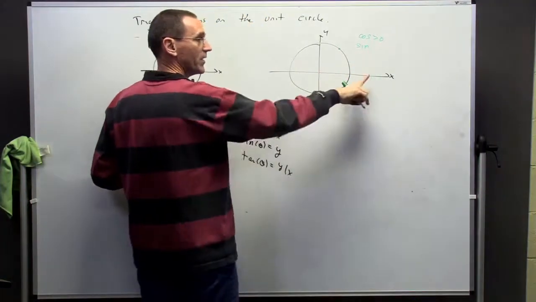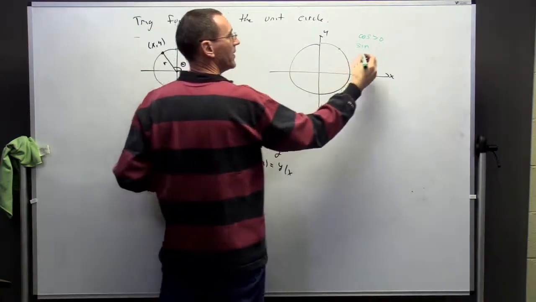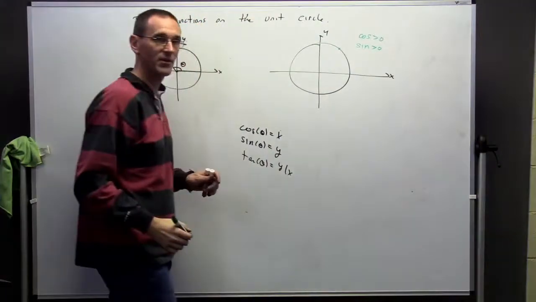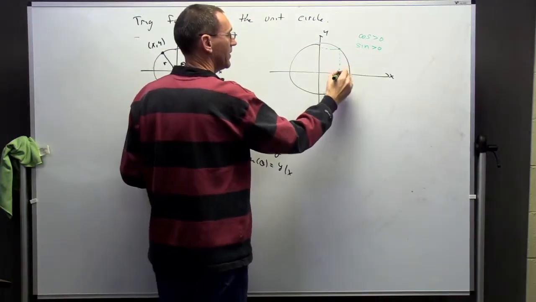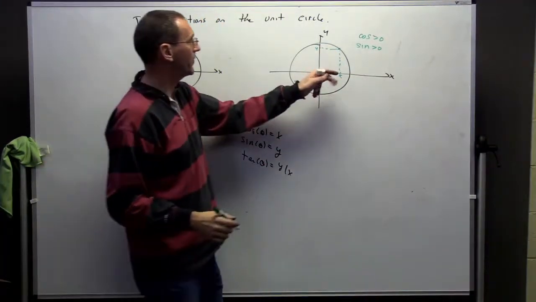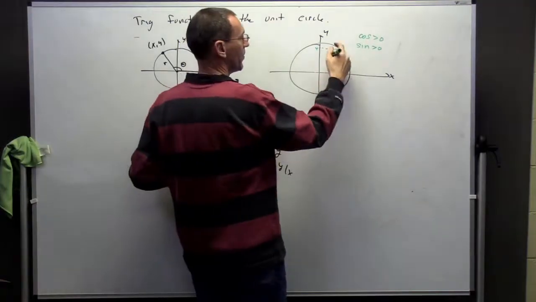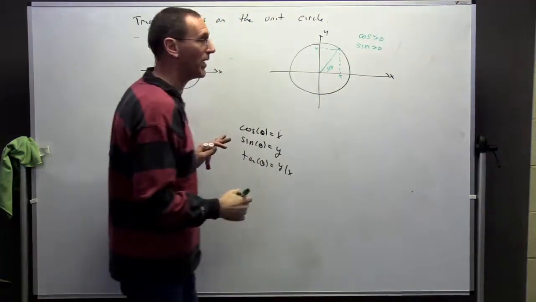That x value is going to be positive. The sine is going to be the y value. It's also going to be positive because it's up here. Right? So if I think of that as being this is my x and this is my y, for any angle in the first quadrant, the cosine is positive, the sine is positive.